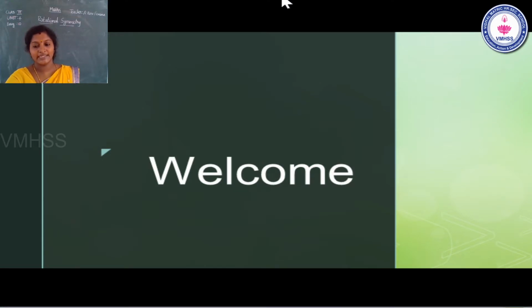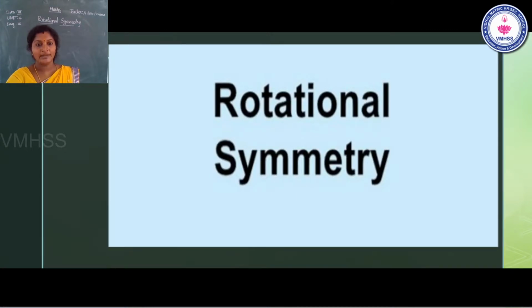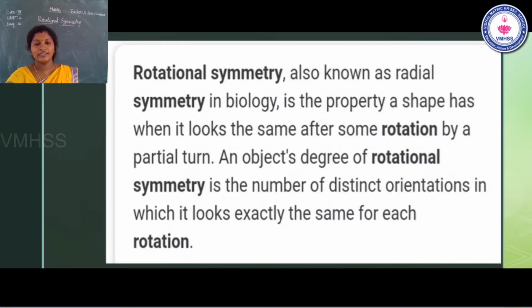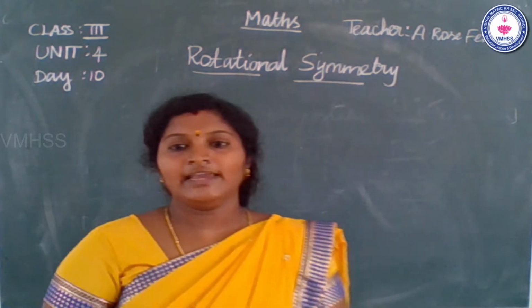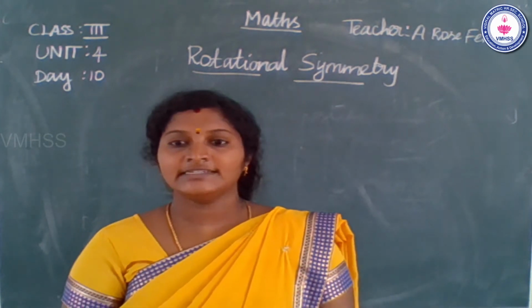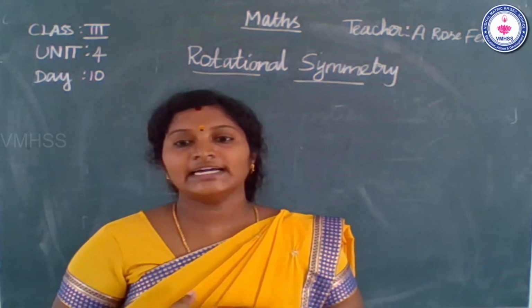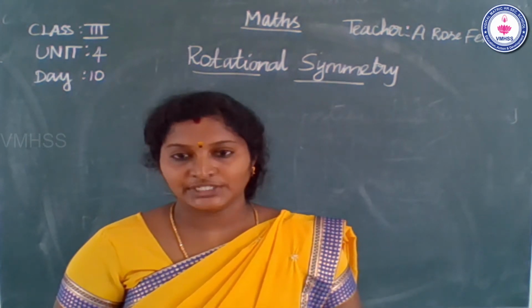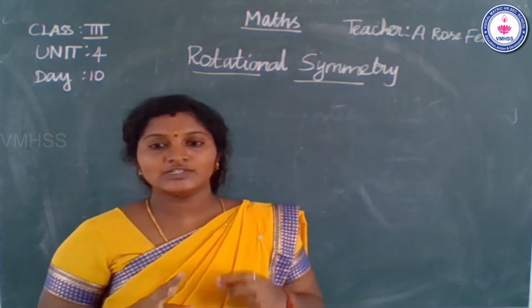Welcome to online maths class, my dear children. Today's topic is rotational symmetry. What is meant by rotational symmetry? Rotational symmetry, also known as radial symmetry in biology, is the property a shape has when it looks the same after some rotation by a turn.